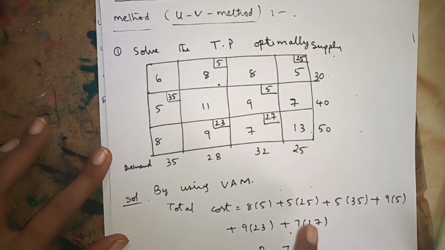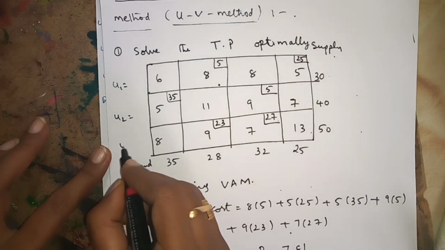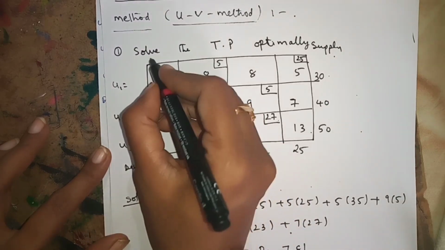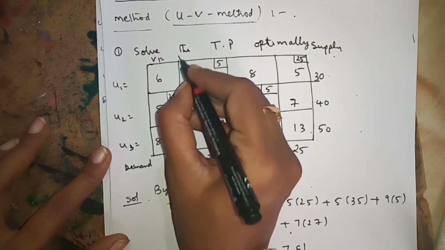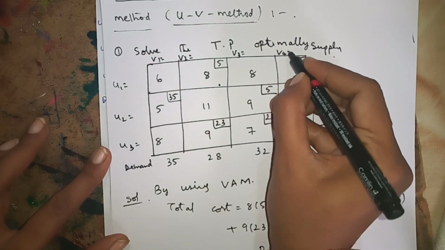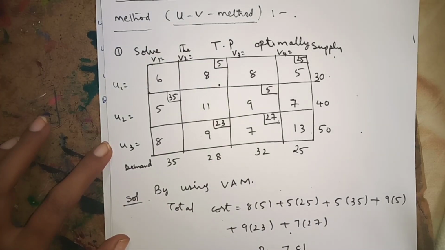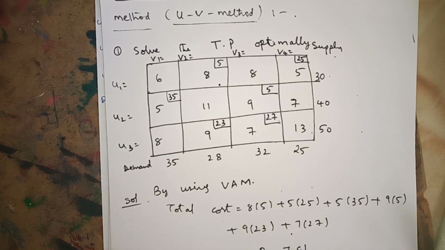Now after getting the solution like this, you have to write here U1, U2, U3, and here V1, V2, V3, V4. U1, U2, U3 represent the 3 rows. V1, V2, V3, V4 represent the 4 columns.